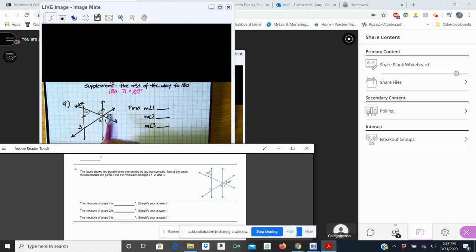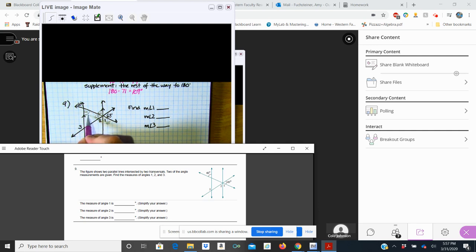All right, let's try the same thing with this angle. This angle is 63. So its vertical angle, which is over here, also has to be 63, right? That whole bow tie effect we got going on. And if this one is 63, well, that's not, nope, that's not going to work.